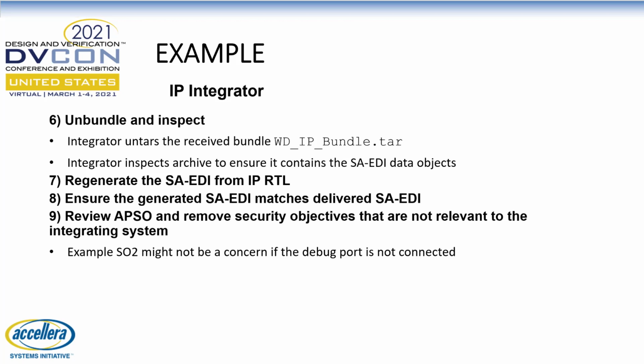Using the EDA tool, the integrator will regenerate the SA-EDI objects directly from the RTL and ensure that the SA-EDI elements delivered match the ones that are generated. Lastly, the integrator will remove specific APSO or add specific APSO to match what is necessary or relevant to the integrating system. For example, SO security objective number 2 might not be a concern if there's no debug port connected to that IP.